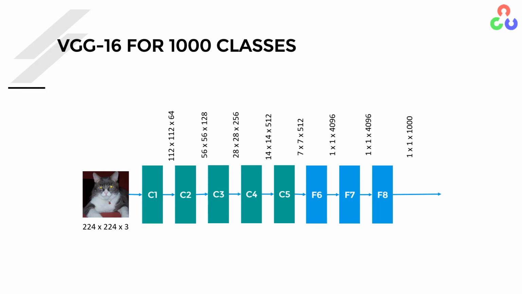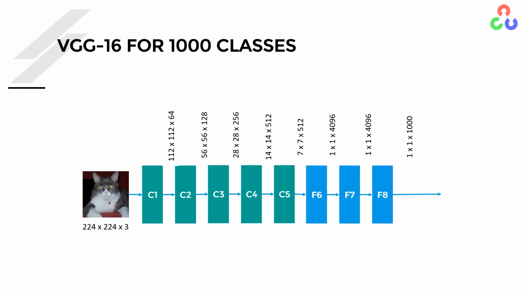And as it passes through the network, the image, which starts, say, at 224 by 224, gets reduced in size progressively. It reduces by half, again by half, and then all the way to 7 by 7 as it passes through these 5 convolutional groups.